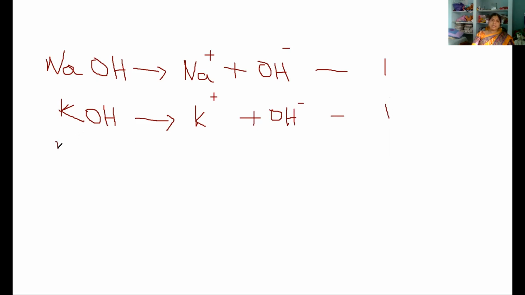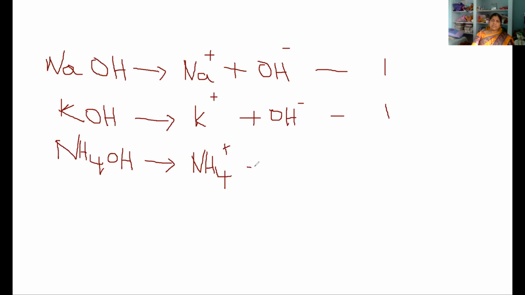The next, NH4OH. It is ammonium hydroxide. How will it split? It will split into NH4 plus and OH minus, that is the ammonium ion and hydroxide ion.